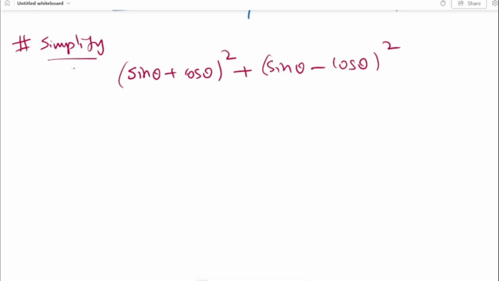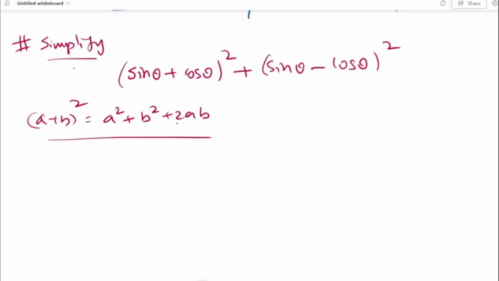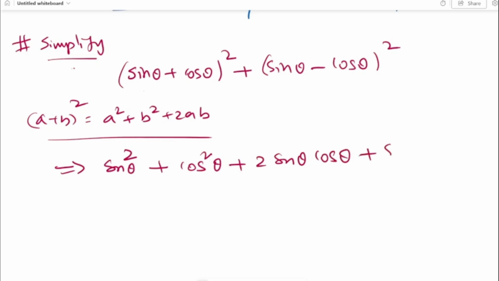You can expand each as a basic algebraic formula. A plus b whole square is a square plus b square plus 2ab. So the expression becomes sin square theta plus cos square theta plus 2 sin theta cos theta. Likewise, this will be sin square theta plus cos square theta minus 2 sin theta cos theta.